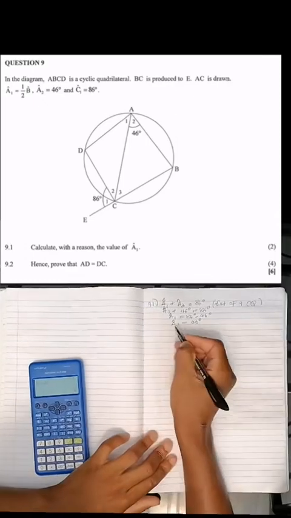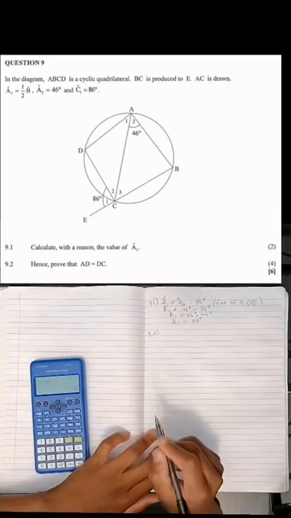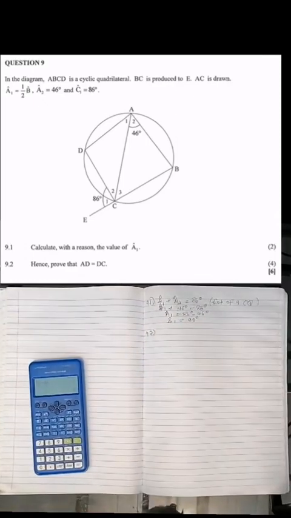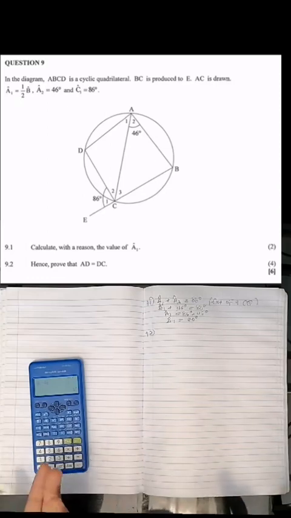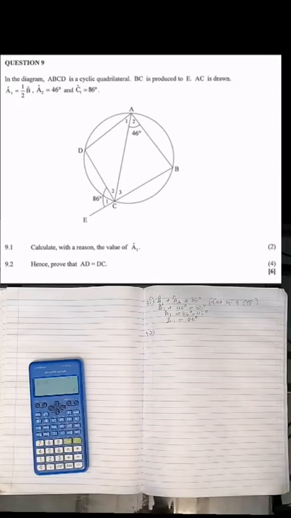Now you go to the second question. The second question says, hence prove that AD is equal to DC. Since the question requires you to prove, we look at the first question, which says angle A1 is equal to 40 degrees. How did you find that? We calculated it, and we also gave our reason.